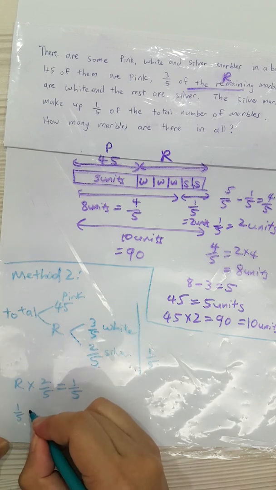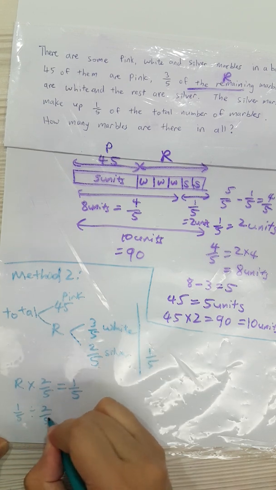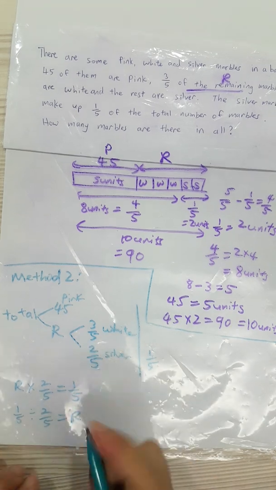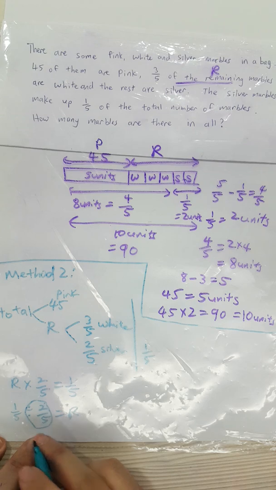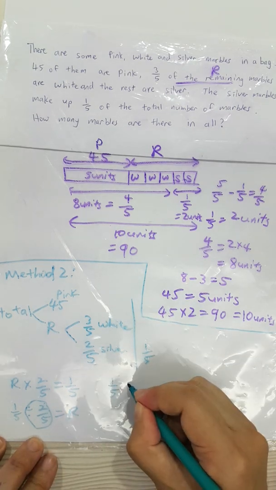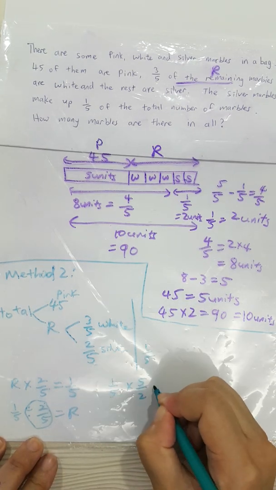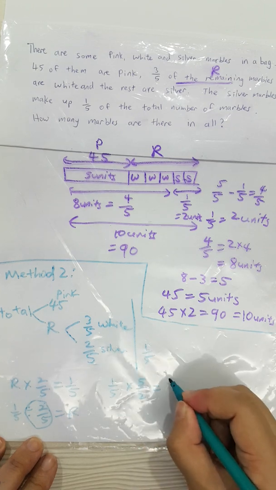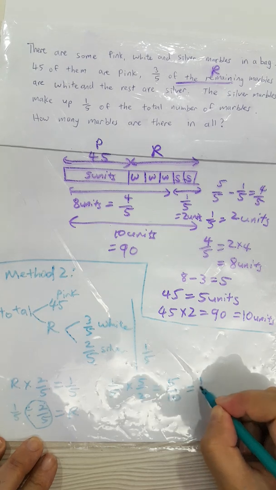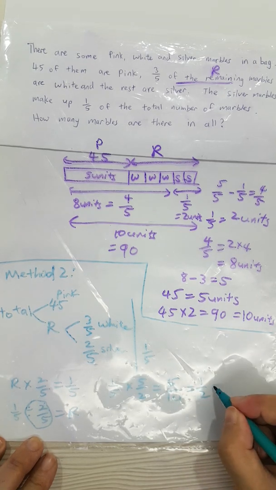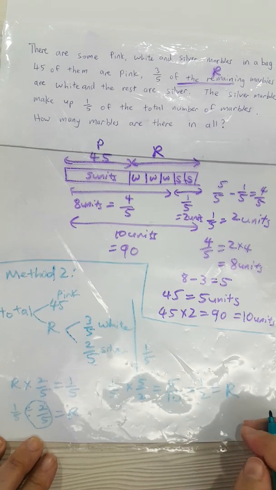So 1 out of 5 divided by 2 out of 5 equals my remainder. Now I swap this part here, so it will be 5 out of 2. So 1 times 5, 5. 5 times 2, 10. 5 out of 10 is known as half, and this will be my remainder.